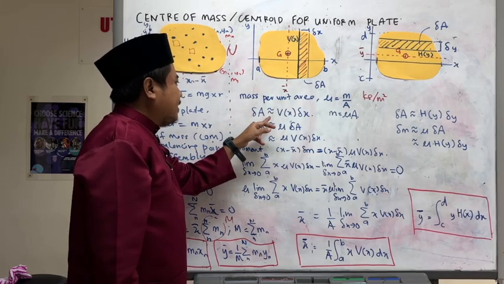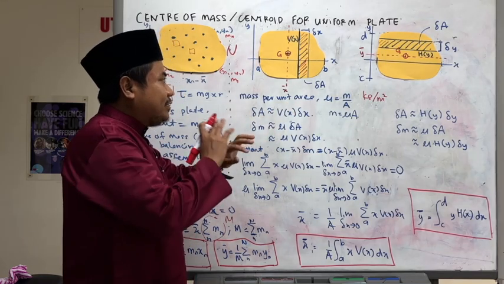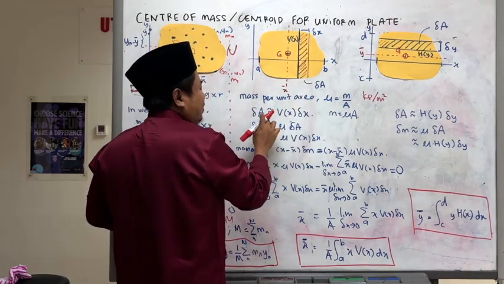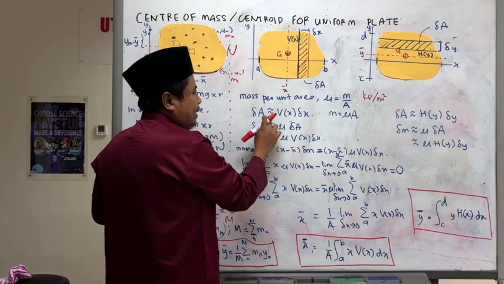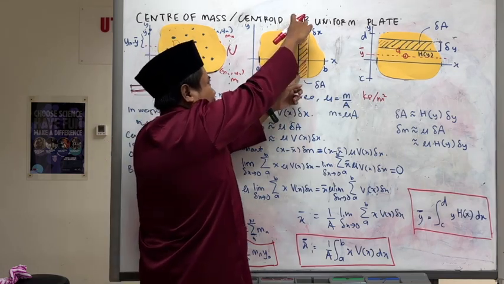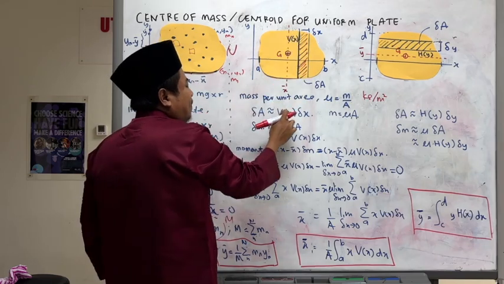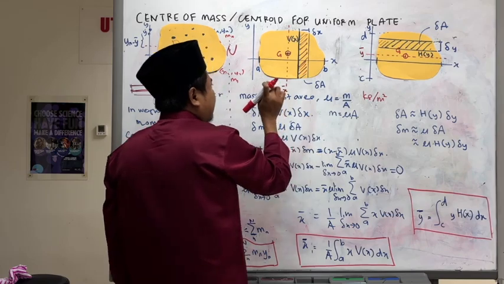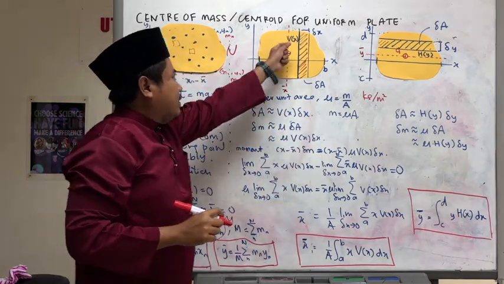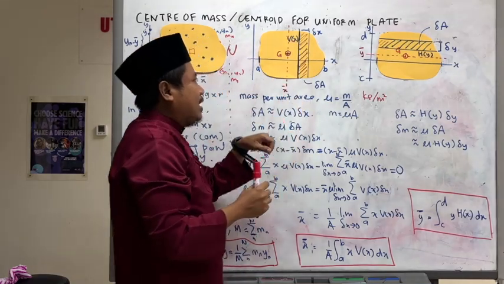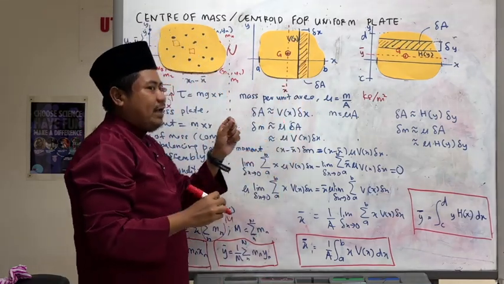So delta A is approximately, because it is not a perfect square, the length v(x) multiplied by the width delta x. So we have this relation. Okay, this strip, if we cut it and we weigh it, should have a mass.